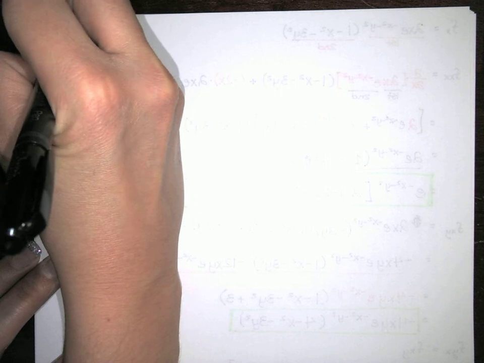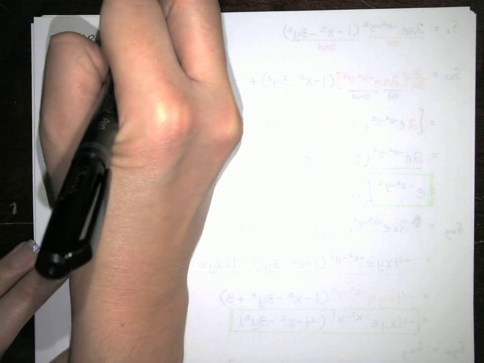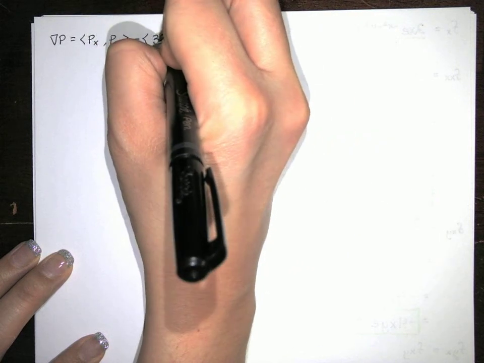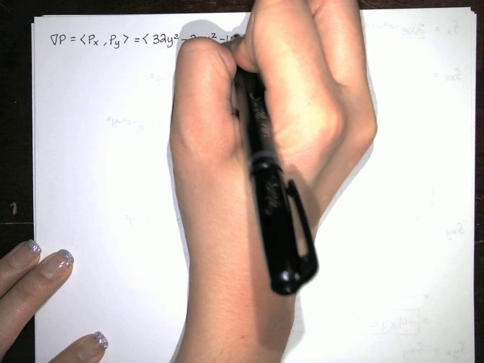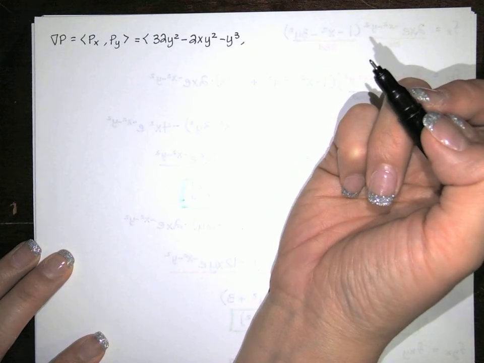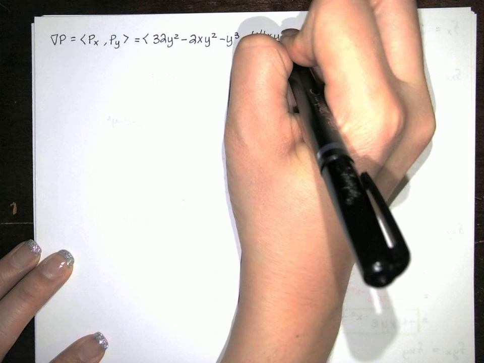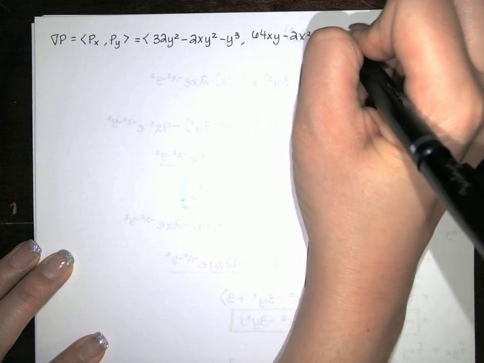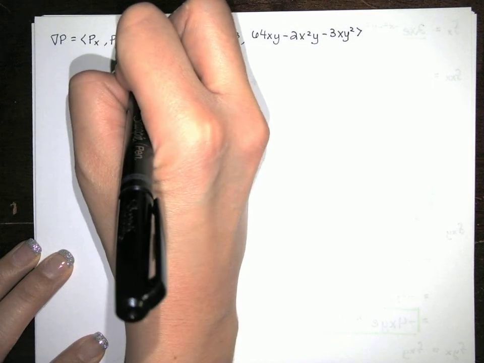All right, so our gradient of p is this. Partial of p with respect to x is 32y squared minus 2xy squared minus y cubed. Partial of p with respect to y is 64xy minus 2x squared y minus 3xy squared. And we're setting that equal to the 0 vector.